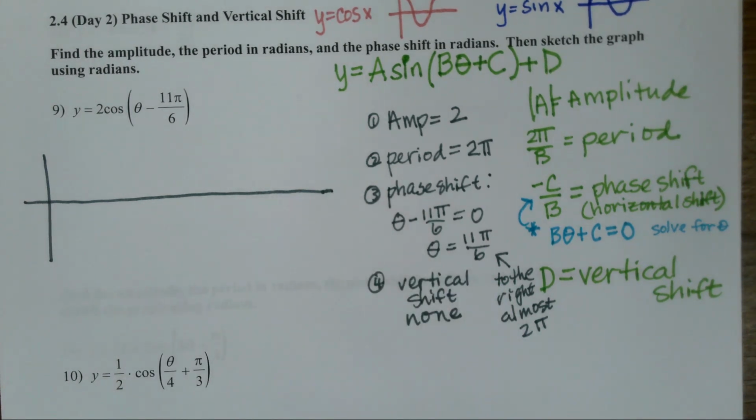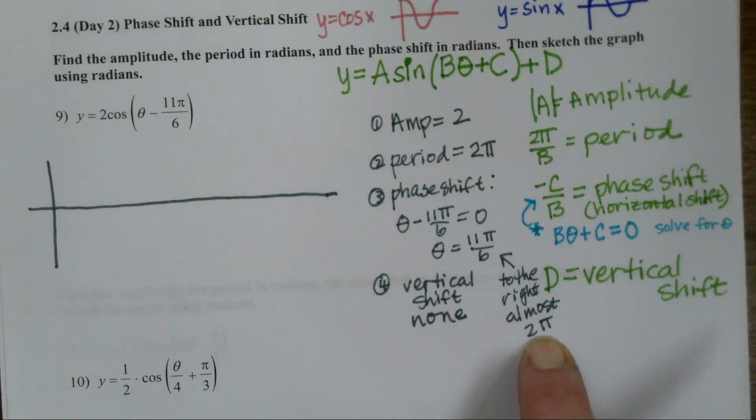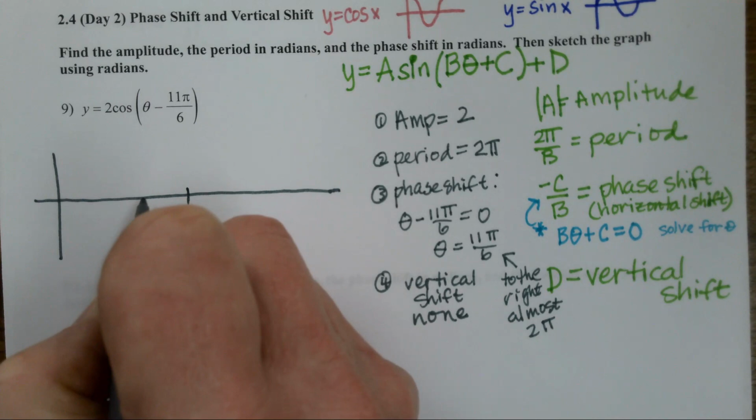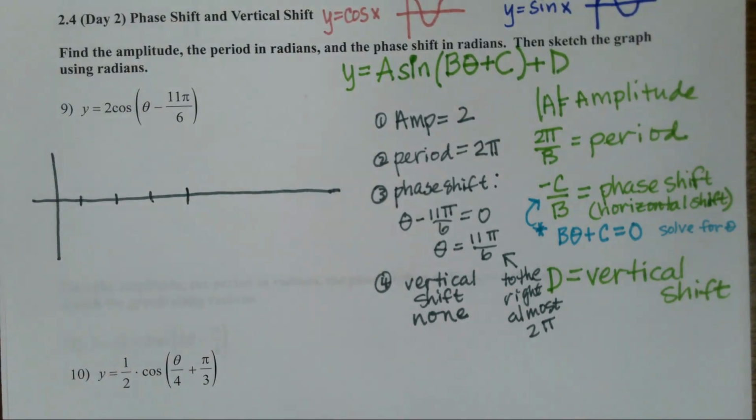Knowing that my graph originally would repeat itself in 2 pi, and I have to move this to the right almost 2 pi, when I make my original tick marks that I'm going to label, I am just going to give myself only half the room, because I'm going to have to extend this. But I'm going to label them.